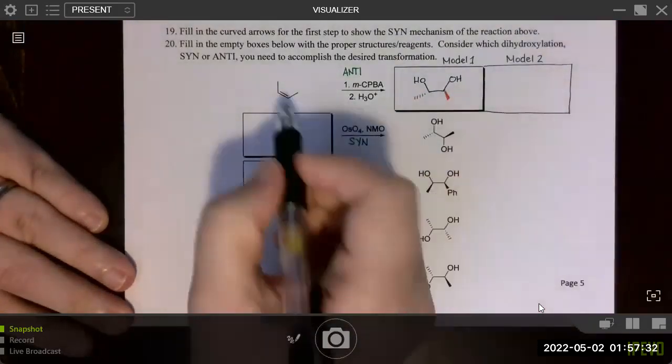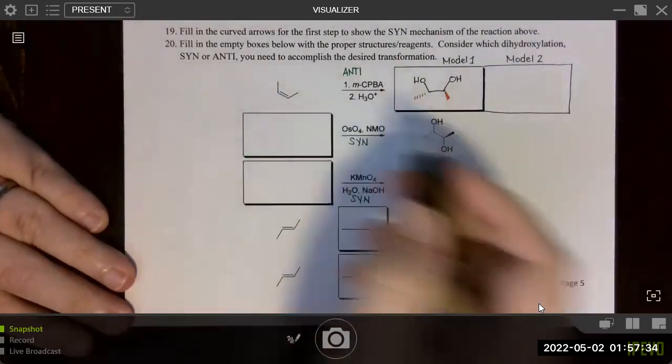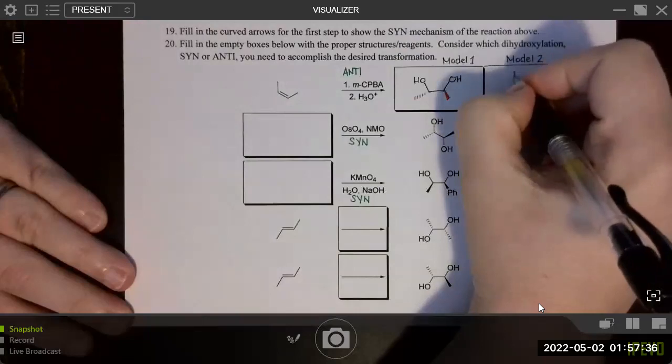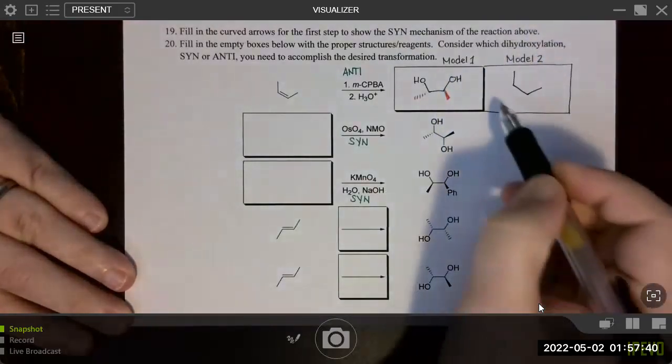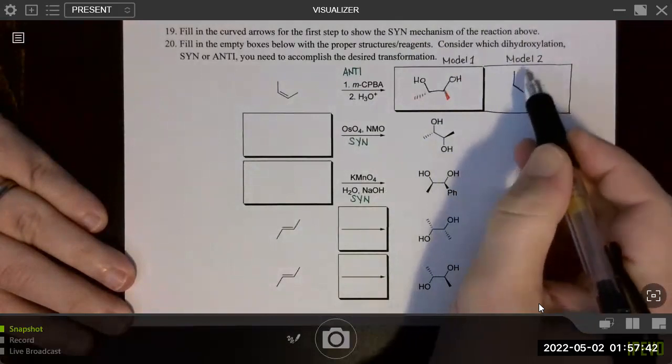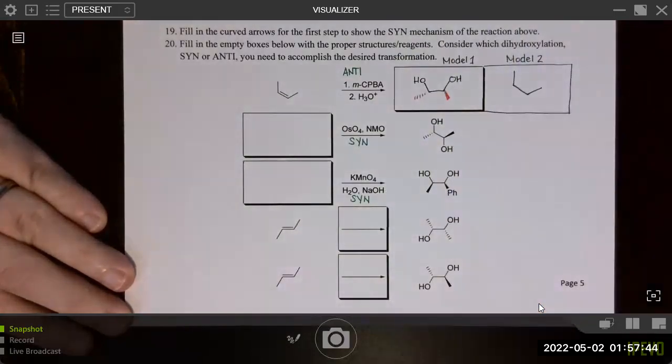Okay. Model 2, right? For model 2, I like to keep the backbone where it is. Easiest way to do it, right? In this case, it is not the normal zigzag, it's instead kind of like this, but that's okay. And then we want to add in again the two hydroxyl groups anti to each other, right?